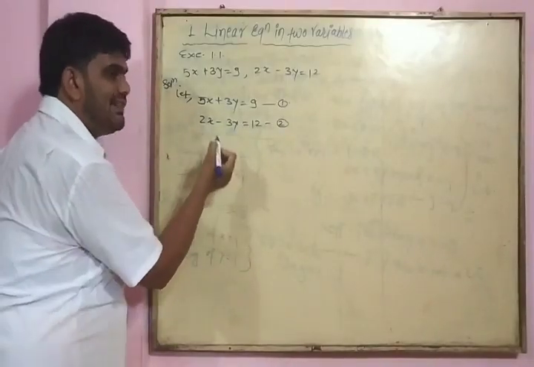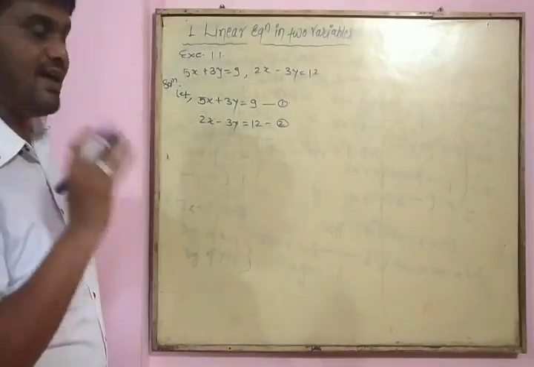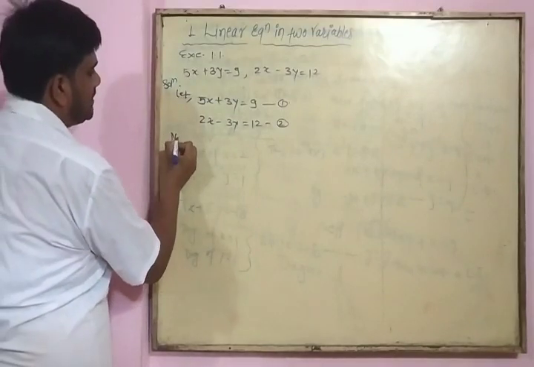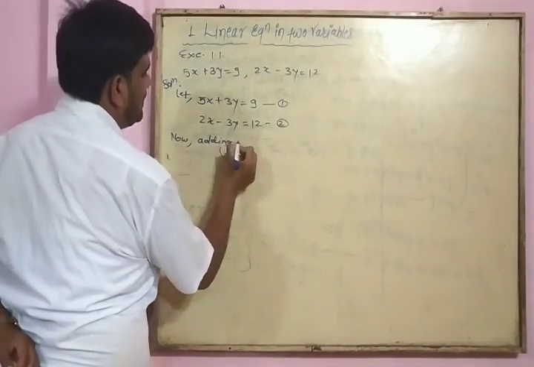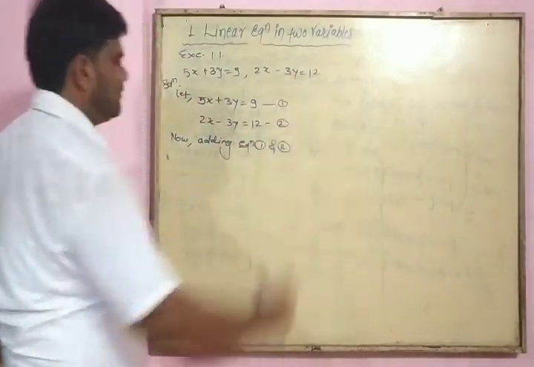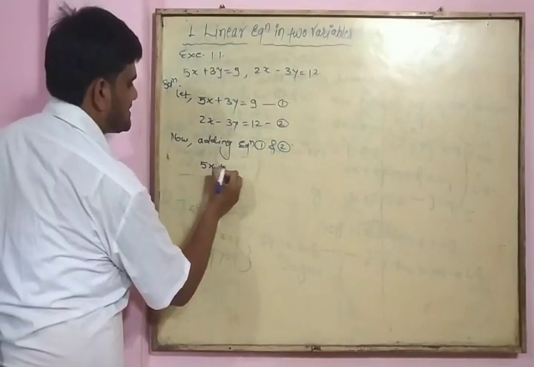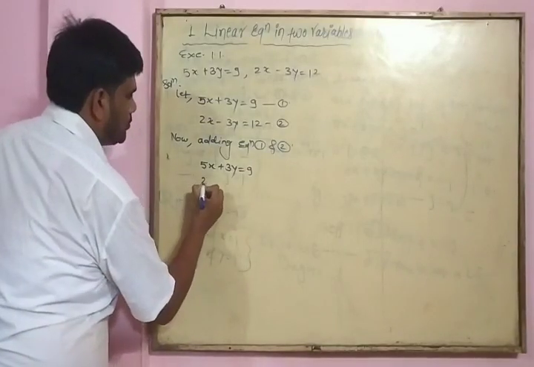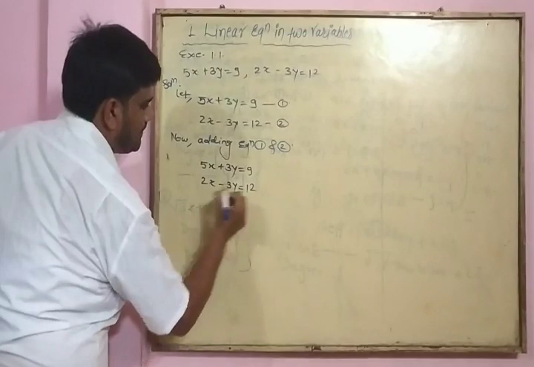Here the coefficient is already the same for one of the variables in both equations, so we can directly solve it. Now adding equation 1 and 2, we have to add these equations. Means 5x + 3y = 9 and 2x − 3y = 12.